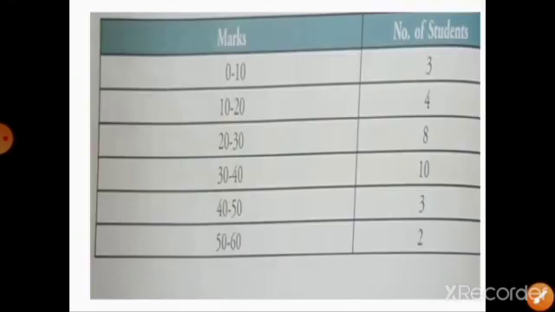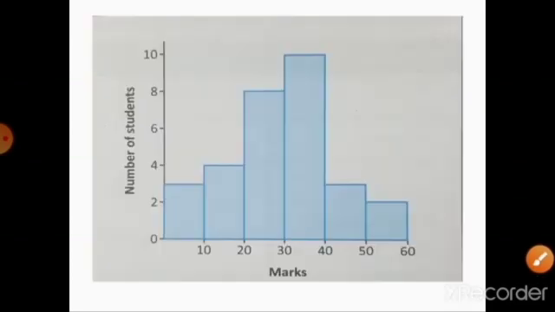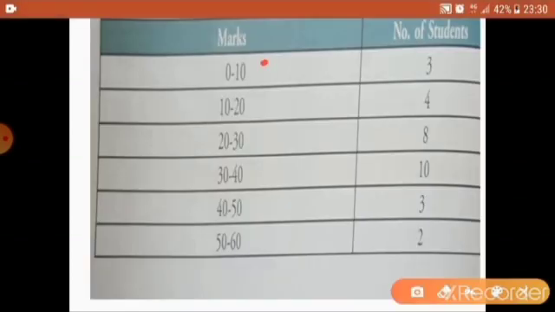Here in this table you can see the marks obtained by the number of students. The class intervals are 0 to 10, 10 to 20, 20 to 30, 30 to 40, 40 to 50 and 50 to 60. Here you can see the class intervals are equal.